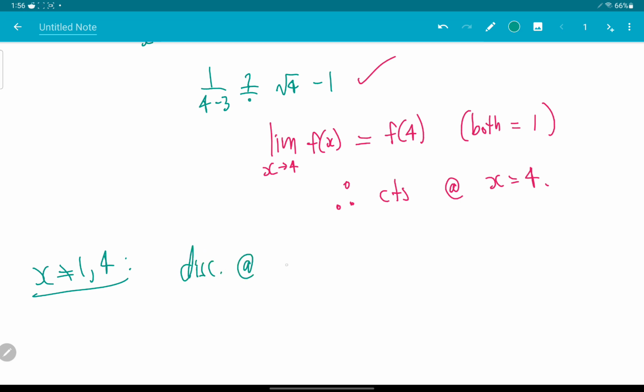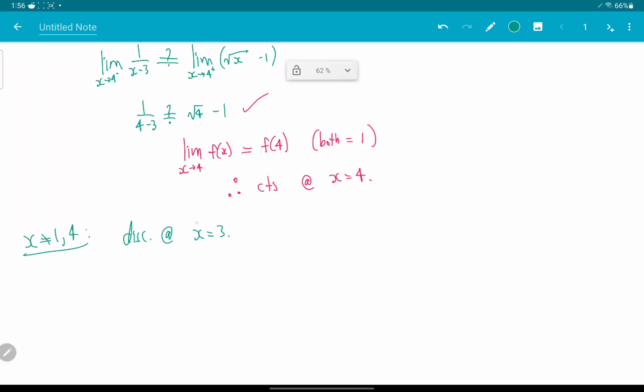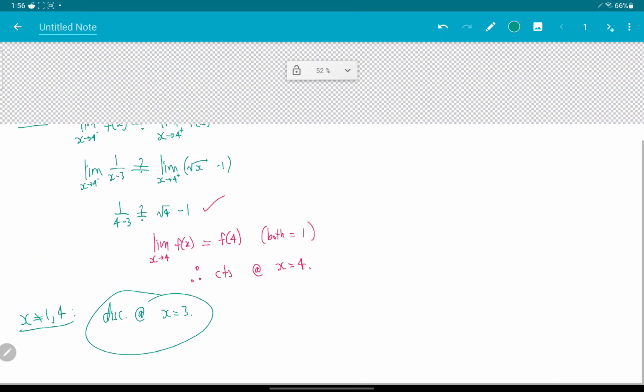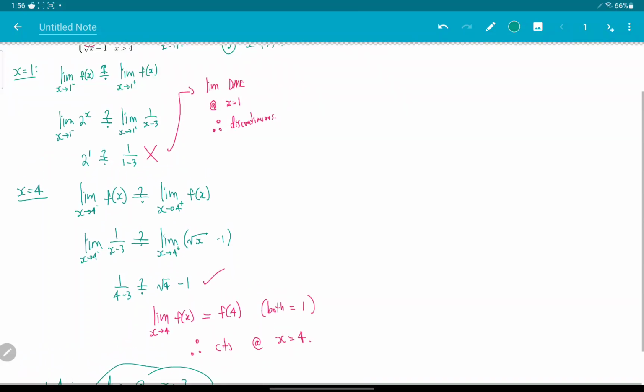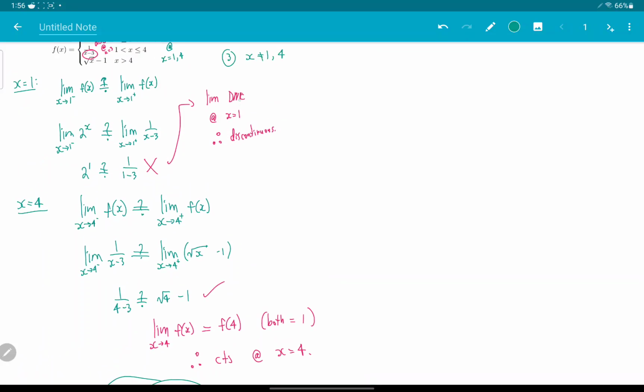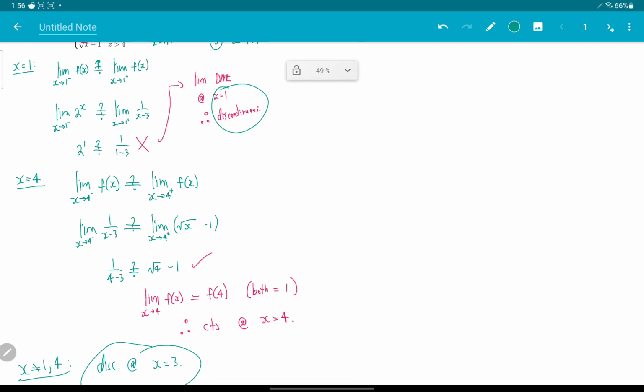Discontinuous at x equals 3. Okay, so what are the discontinuities? Well, we found this one, and we found the discontinuity at x equals 1. So those are our only 2 discontinuities.